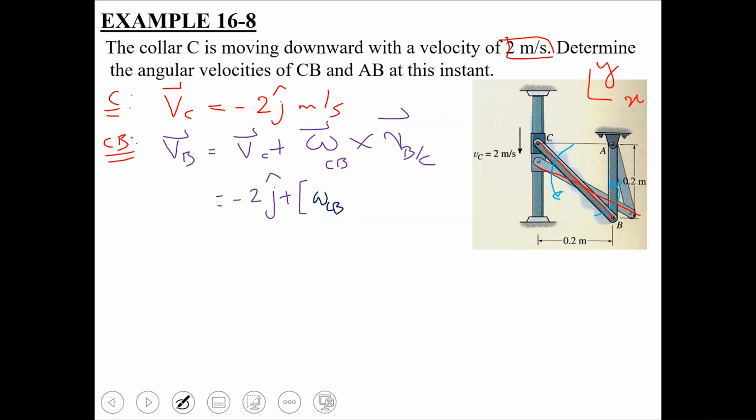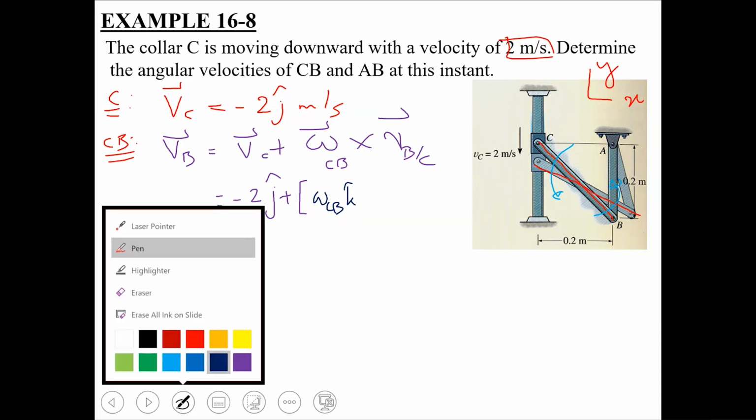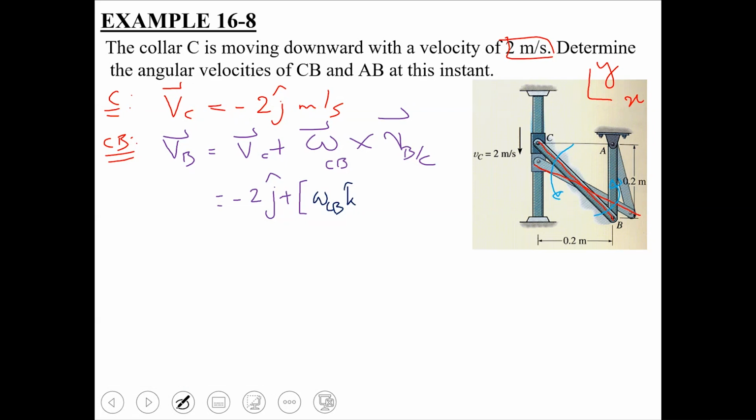Counterclockwise is represented by which vector? It is going to be represented by positive k. So we are going to write omega CB k cross R BC, which is the relative position of B with respect to C. So what is this vector R?